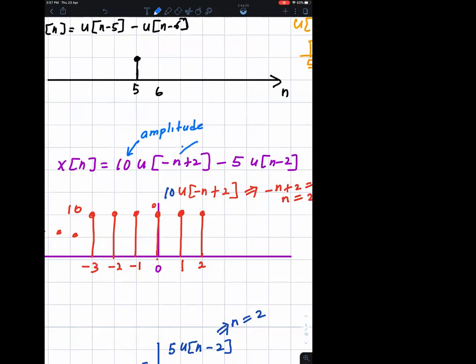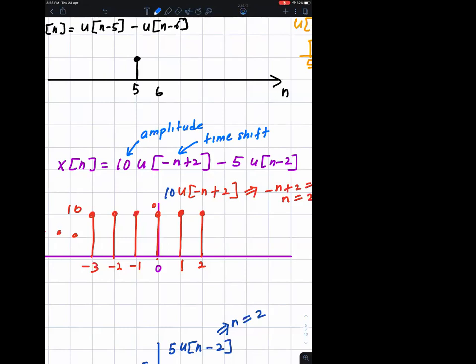What's inside here is the time shift. So if you have a minus sign on the n, that tells you to invert the signal about the vertical axis.